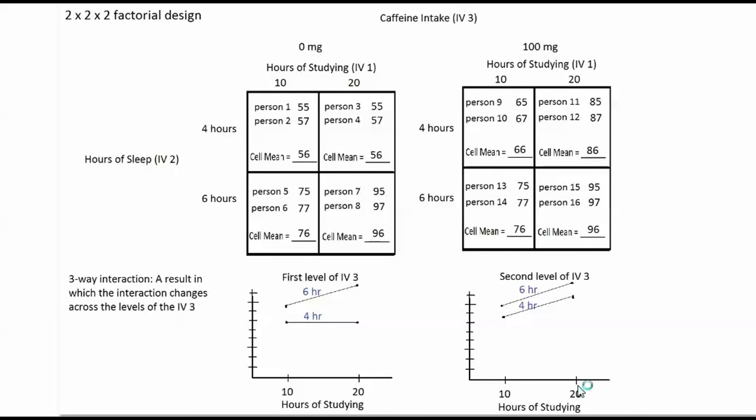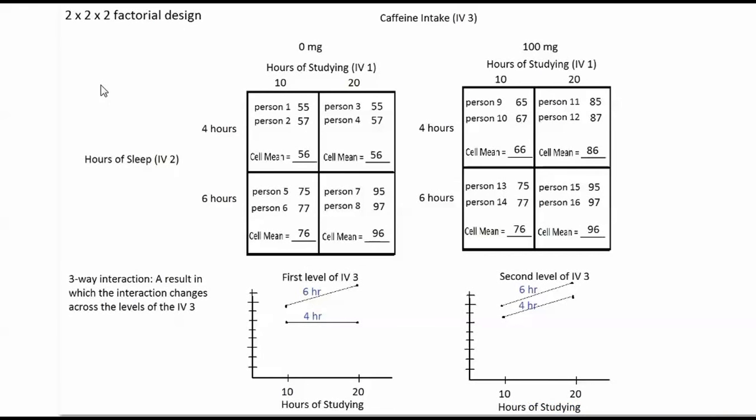Technically, there's no limit to the number of independent variables that an experiment can have, even though most experiments won't include more than 3 or 4 independent variables. We could have included a 4th independent variable in this experiment and made it into a 2 by 2 by 2 by 2 factorial design. In that case, the experiment would have had 16 cells, or 16 conditions.